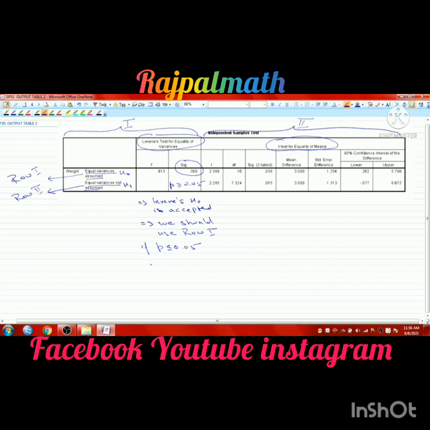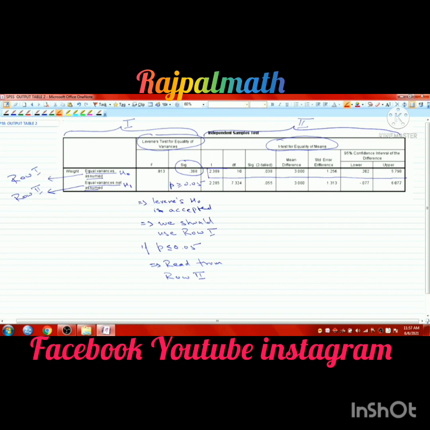When H0 is rejected, we should use row number 2. Means if p is less than or equal to 0.05, read from row 2. This is the importance of Levene's test. So we are using the first row for data interpretation as our H0 is accepted.